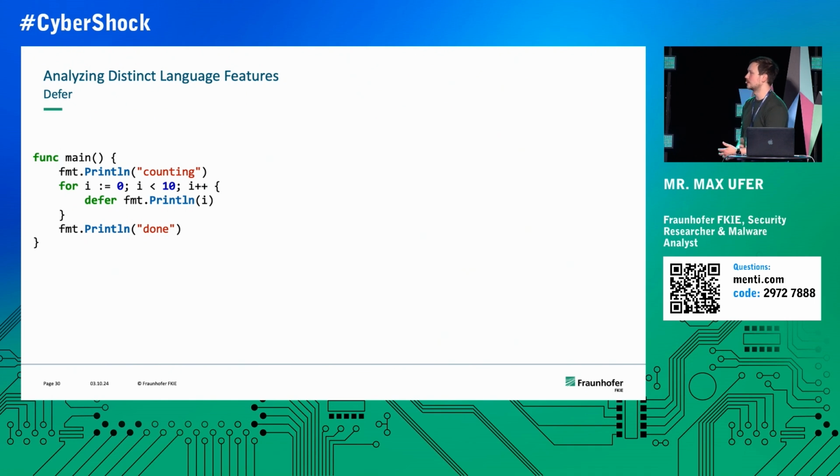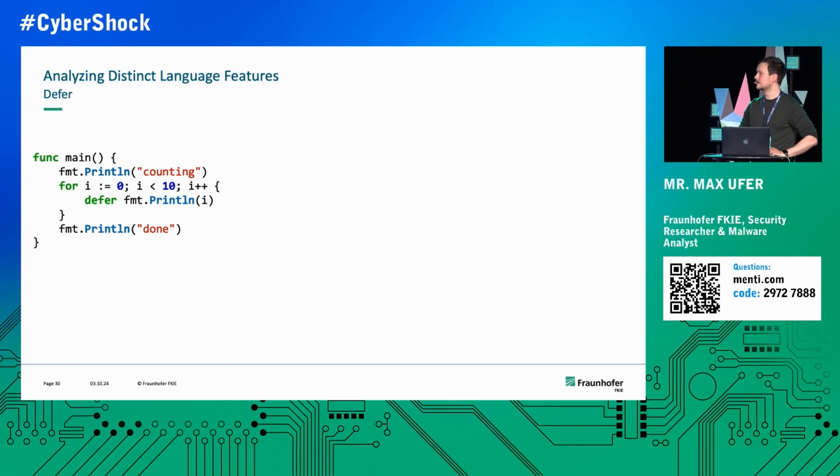So yeah, a thing that I wanted to mention, because it looks very similar to goroutines in the decompiler, is the defer statement. Defer is a statement also introduced by Go, which basically tells the program, hey, perform this function call at the end of my function. So you literally defer it to the end of the block.